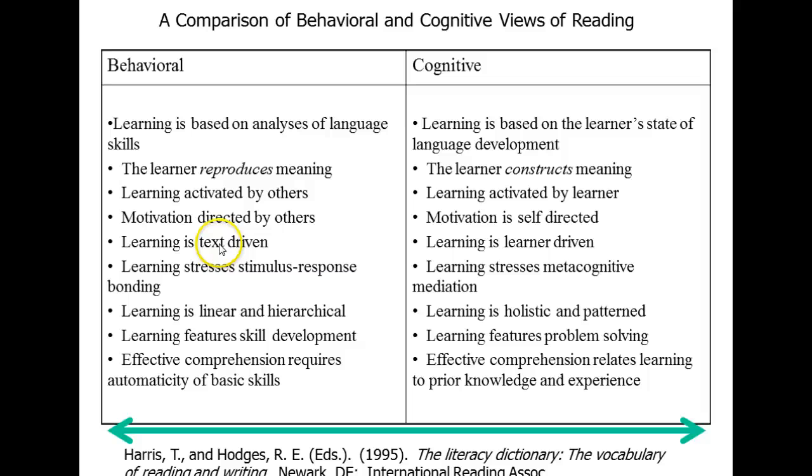That learning is driven by the text, or that learning is driven by the learner? That learning is linear and hierarchical, or that learning is holistic and patterned? That learning features skill development, or that learning features problem solving? That effective comprehension requires automaticity of basic skills, or that effective comprehension relates learning to prior knowledge and experience?